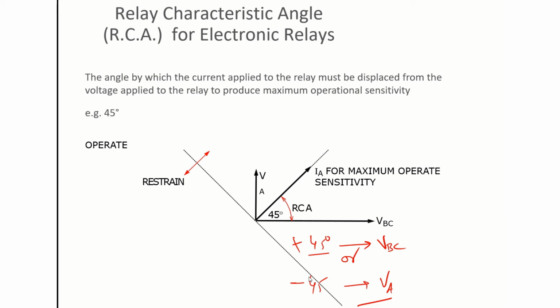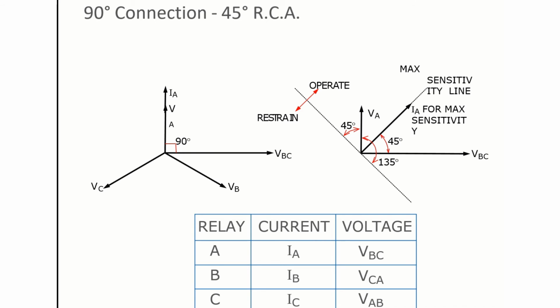But if we are saying RCA as minus 45, it is also the same thing, but that minus 45 is with respect to the A phase voltage. Depending upon how the different manufacturers are treating their voltages, how they are calculating their reference voltage, they can say different things. Now, this is one example of 90-degree connections with minus 45-degree RCA.